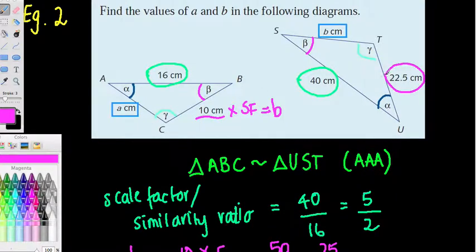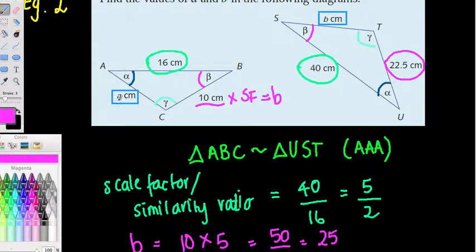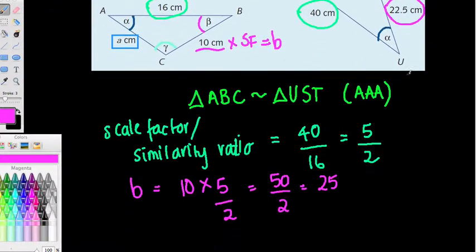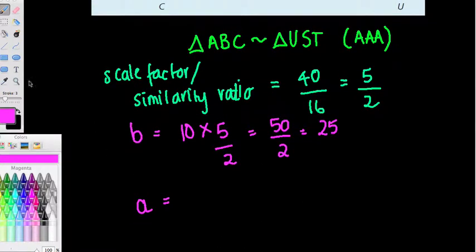The 22.5 centimetres corresponds to the A. So what I can say is A multiplied by the scale factor would give me 22.5.